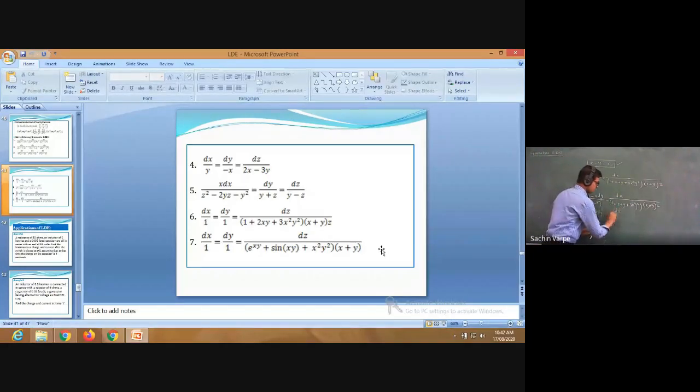So that is dz upon 1 plus 2xy plus 3x square y square into z. If you look at these two, this is d of xy, and here we are having a function of xy, x square y square, so xy and xy the whole square.